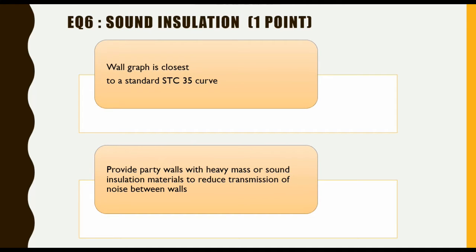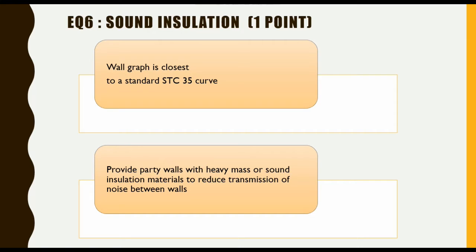For EQ6, sound insulation, the STC wall graph is close to a standard STC 35 curve. STC is an integral rating of how well a building partition attenuates airborne sounds.